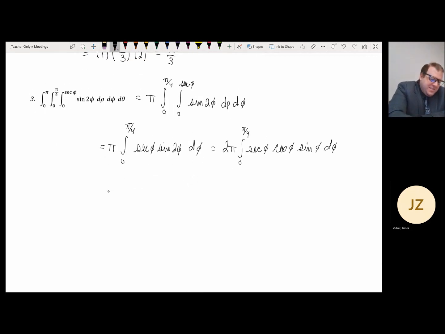Oh, look at that. Secant times cosine is 1. The negative cosine from 0 to pi over 4.